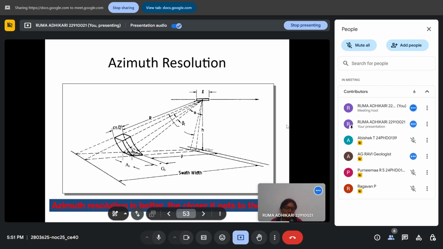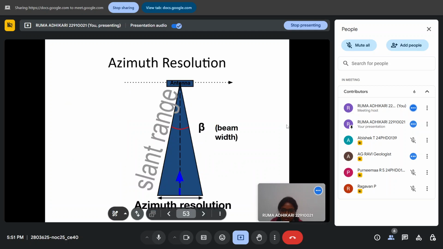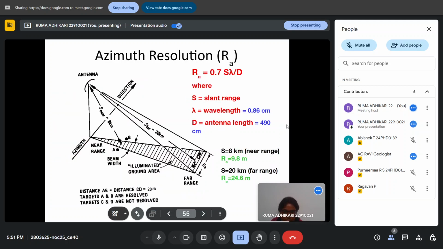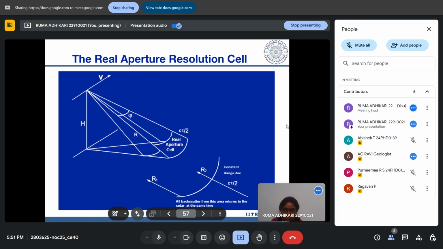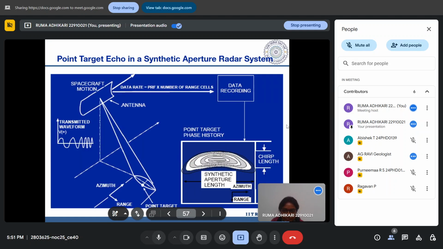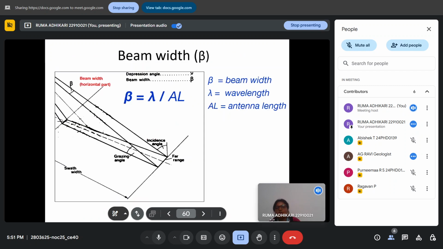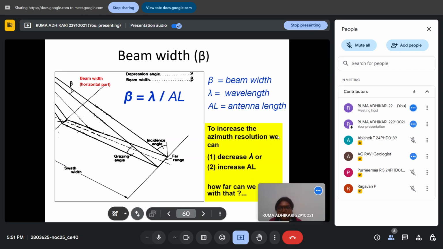Because if I tell you with the equation, this is the equation: beam width is equal to lambda by AL, where AL is the antenna length.